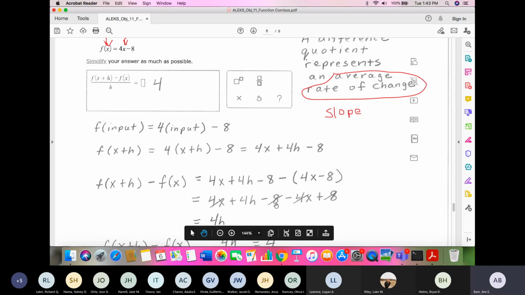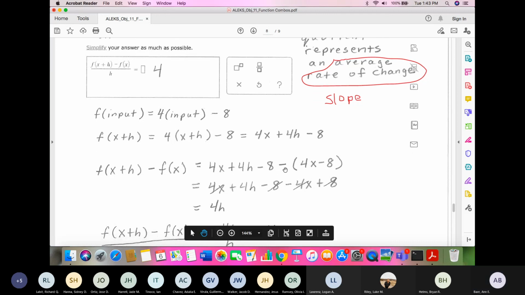We just copy over the first part here. This is a negative sign, really negative 1 being multiplied. It's multiplication over addition, because subtraction is adding a negative. So you can distribute the negative sign through, giving us negative 4x. Negative times negative is a positive 8.